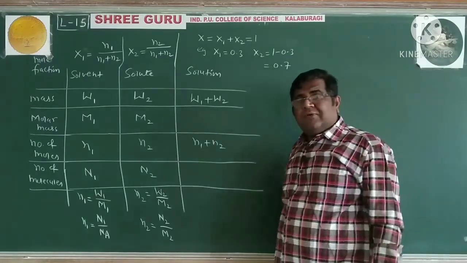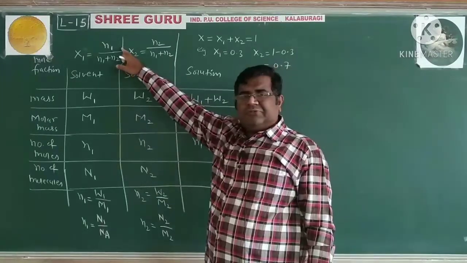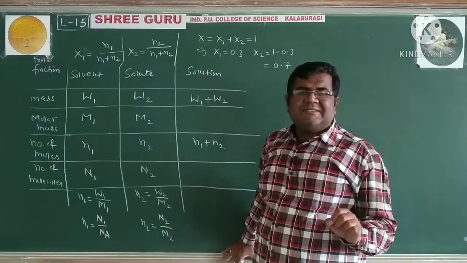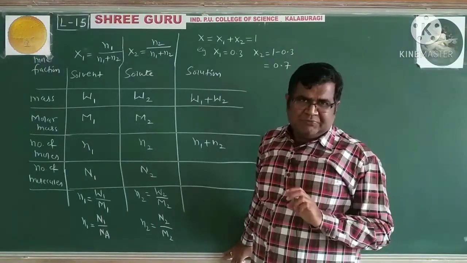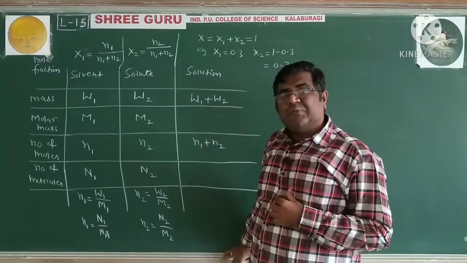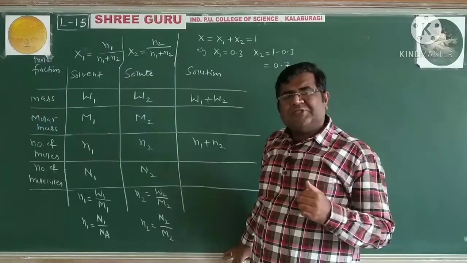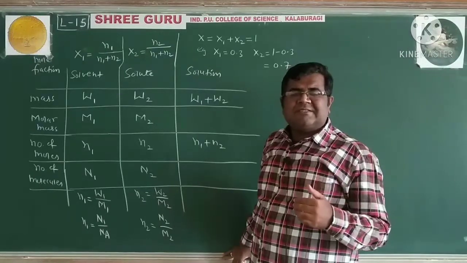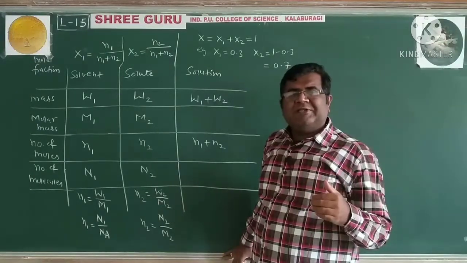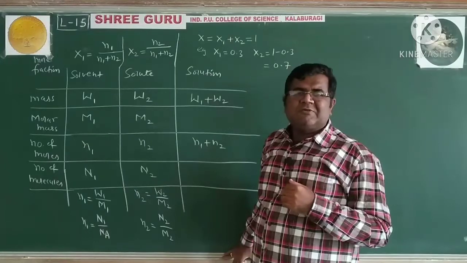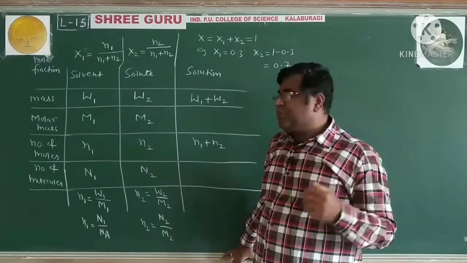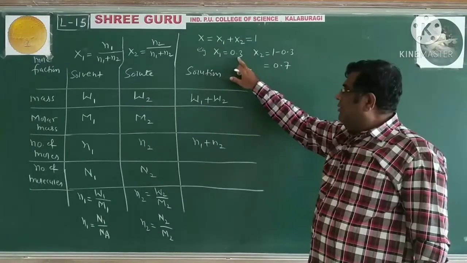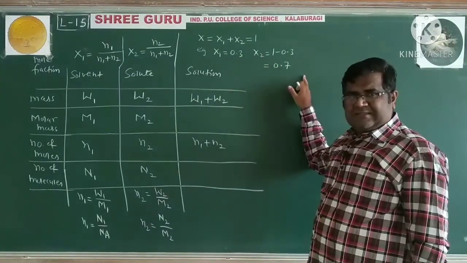Ratio of number of moles of a component to the number of moles of all the components present in the solution. That's how we define x1, mole fraction of solvent, x2, mole fraction of solute, and x1 plus x2 for a binary solution. The sum is always equal to 1. If x1 is 0.3, x2 is 0.7; if x1 is 0.4, x2 is equal to 0.6, like that.